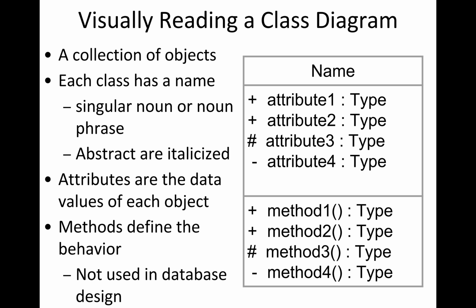Meaning that this is the archetype that all human beings, or all buildings, or all chairs, all tables, all courses, students or faculty, those are all classifications that have the same attributes, right? And they have the same behaviors.